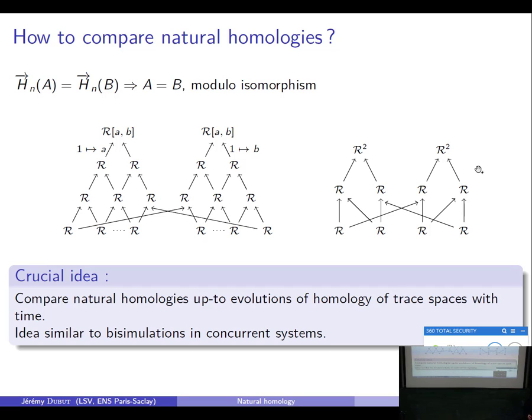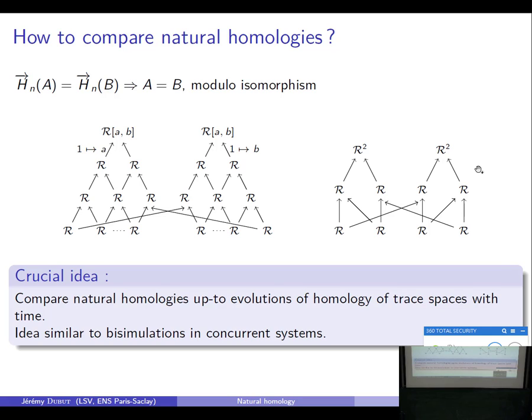Remember that we have in mind concurrent systems. And I told you that we want to compare things like, trace spaces correspond to executions in your systems, and we want to look at how they evolve with time. So we do not care about the fact that they have precisely the same traces.